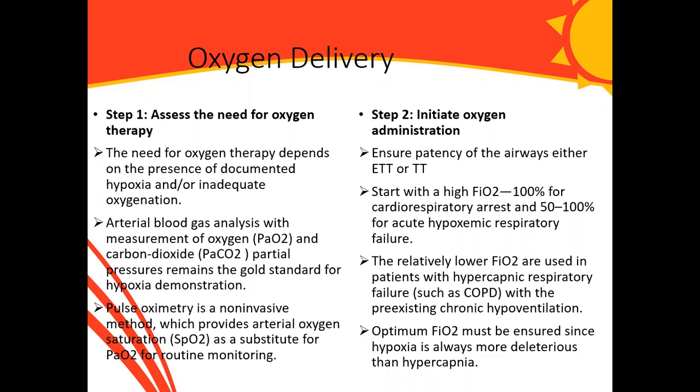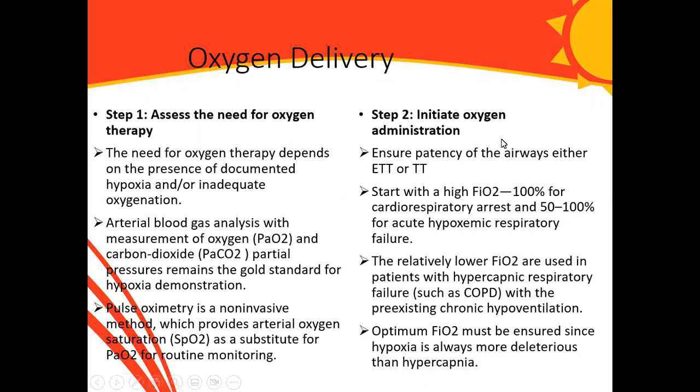And don't forget the disadvantage of SpO2, because the accuracy varies. In fact, it's less accurate with SpO2 less than 80. But ideally, an ABG should be obtained to document the presence or otherwise of hypoxemia.